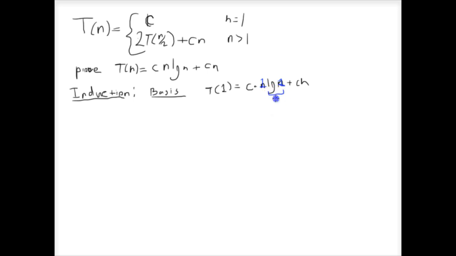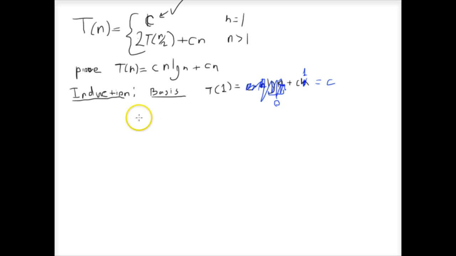The log of 1 is 0, so that whole first term cancels out. It completely cancels itself out, and we're left with cn. And of course, n is 1. We're looking at T of 1. So all we're left with is that 1c, which is exactly the same as the base case of our recurrence. So we've proved the basis step here. There's the c from our recurrence. You can check that off.